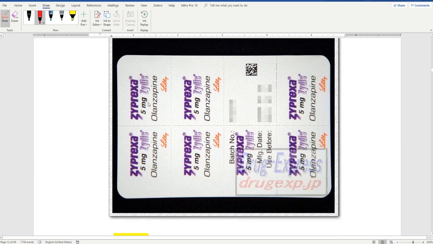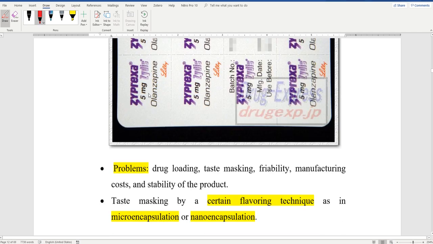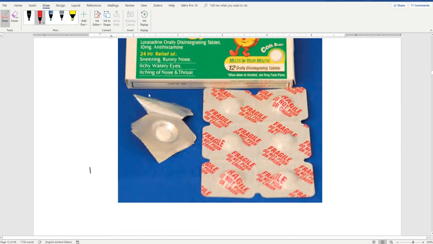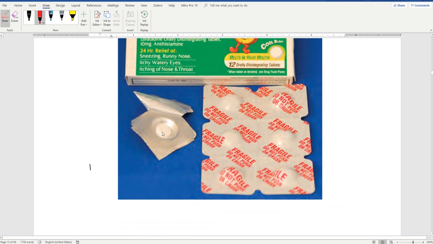Also, when you want to take the tablet from inside, like in this case, you see this photo, what is your usual way to take the tablet from the bubble package? Usually you press on the tablet and the tablet will tear the back of the package, right?